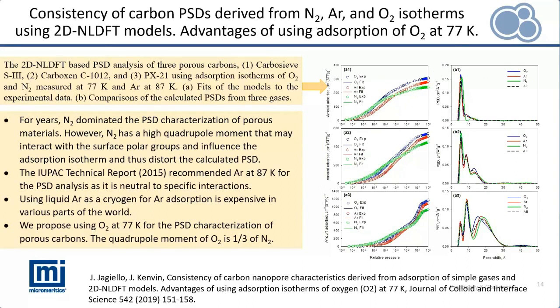And the calculated pore size distributions obtained from the three different gases show very high similarity. So using oxygen, we obtain almost the same pore size distribution as from argon or nitrogen. Actually, nitrogen differs the most from argon, which is supposed to be the most accurate.